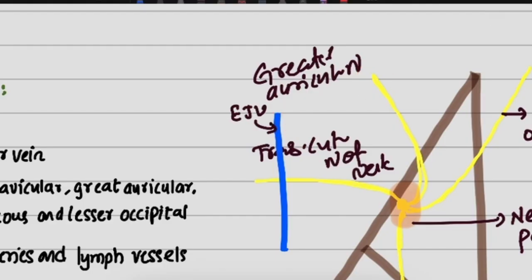So this is the external jugular vein. The external jugular vein and the greater auricular nerve travel parallel. So this is one of the MCQs. It is important from the surgical point of view. Okay, so this is the roof.